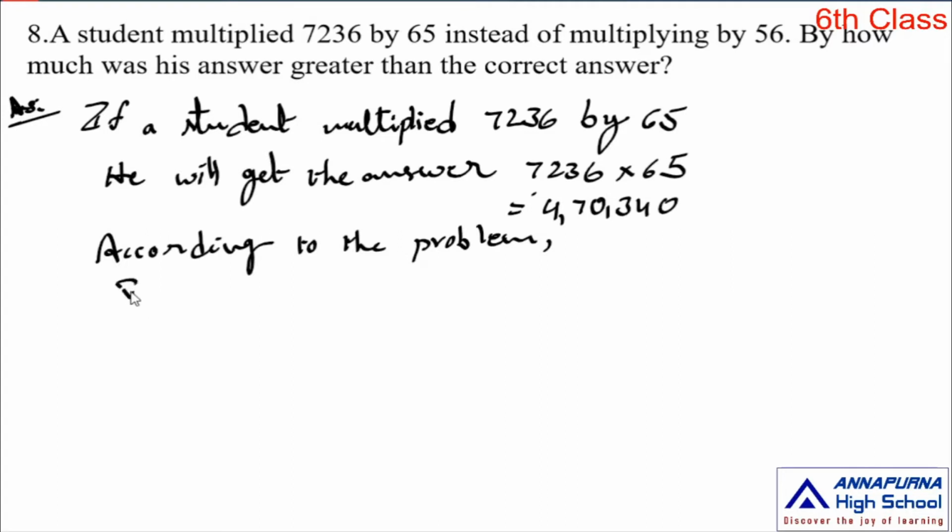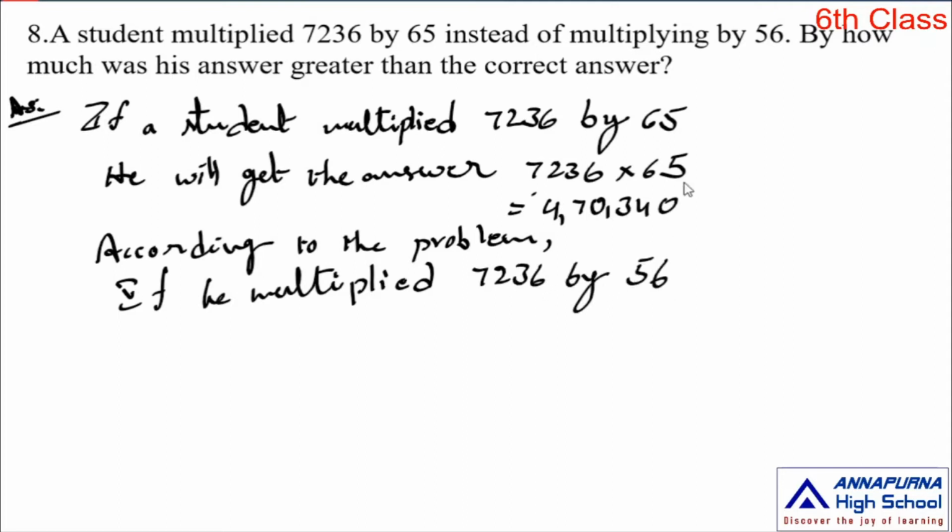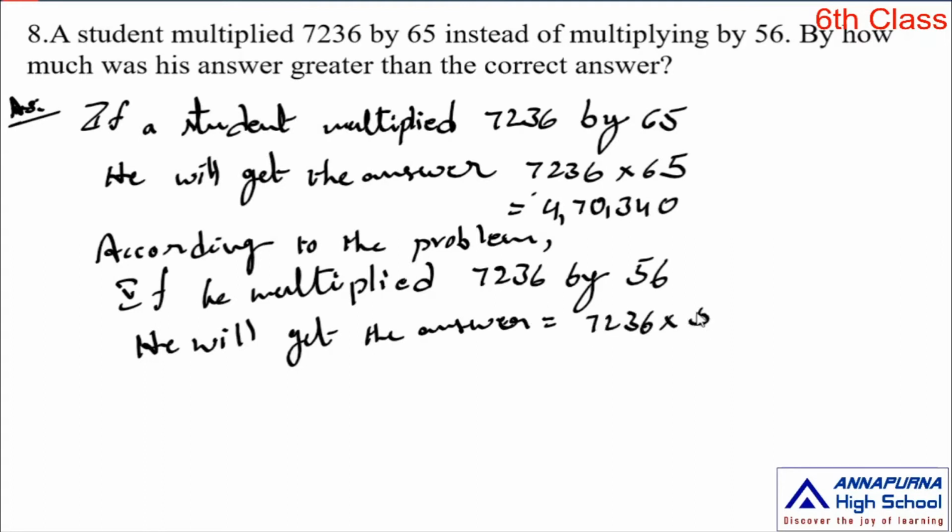According to the problem, if he multiplied 7,236 by 56, he will get the answer 7,236 into 56.